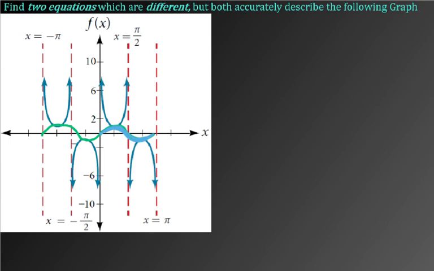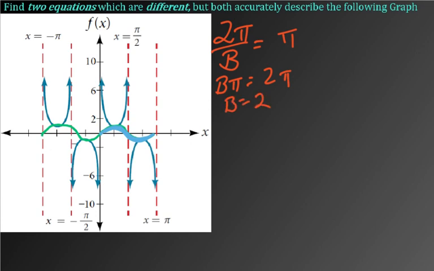With no shifts left or right, because that's kind of nice. And if this is up at 2, I think you're meant to assume that the max value there is 1, and this is -1. So that also means there's no shifts up or down, and no stretches. So it's basically looking like a normal sine. The one difference is you get a full cycle, a full period, in pi, right? So 2 pi over b equals pi. If you cross multiply, pi b equals 2 pi, so b just has to be 2.